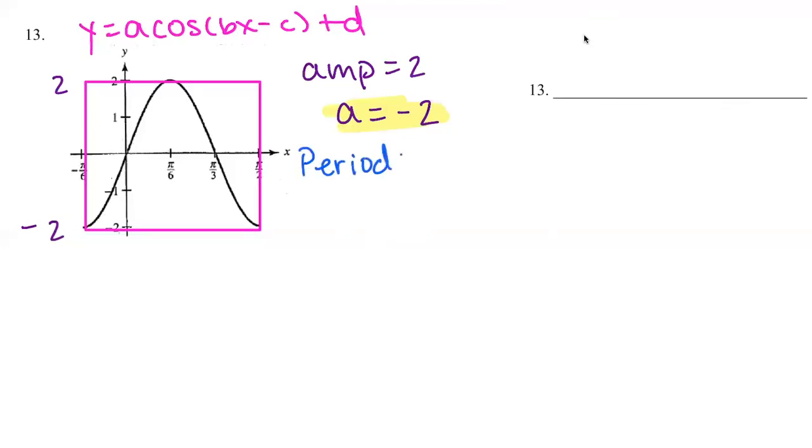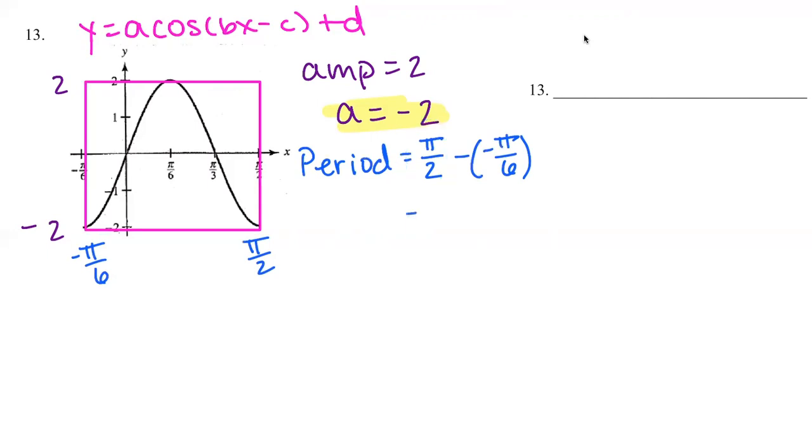The period stretches from negative pi over 6 to pi over 2. So let's take where our frame ends minus where it begins. If I'm taking pi over 2 minus a negative pi over 6, I'm going to think of pi over 2 as 3 pi over 6.